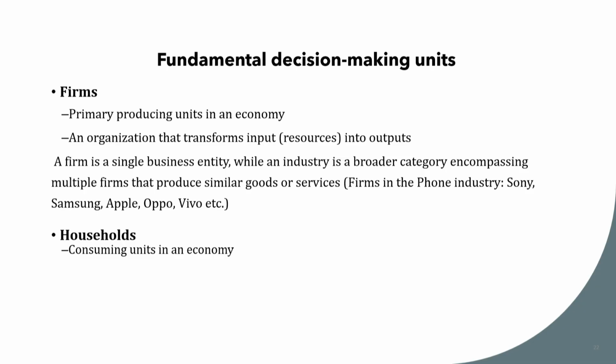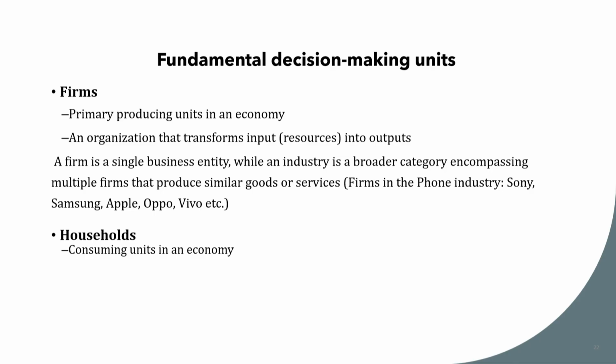A firm is a single business entity, and often you might have come across the distinction between firms and industry. Industry is a broader category encompassing multiple firms that produce similar goods or services.